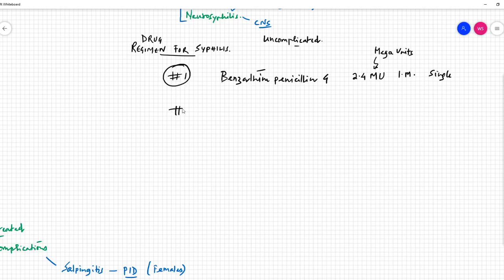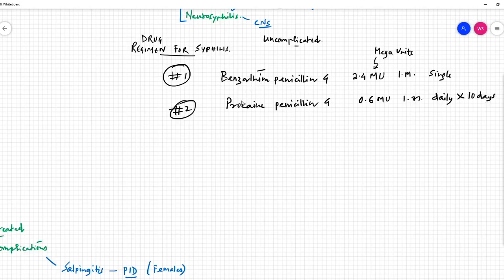The second regimen is procaine penicillin, again it is penicillin G, at a dose of 0.6 mega units. Again it is given IM, but it is given daily for 10 days.